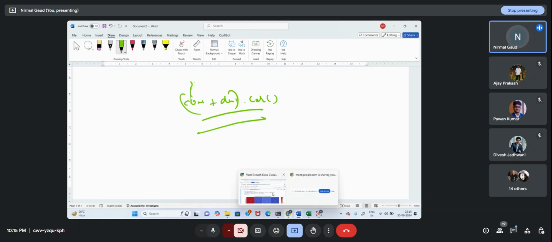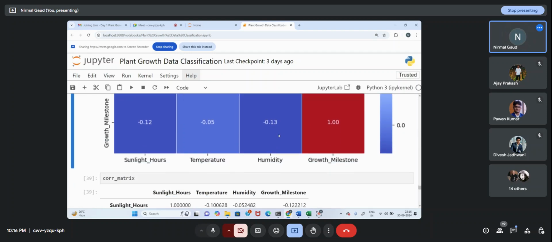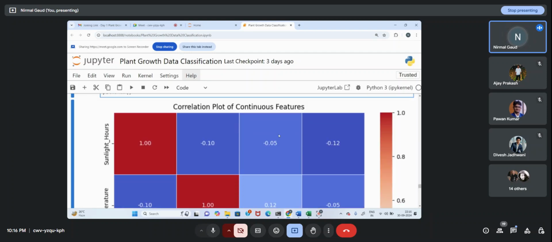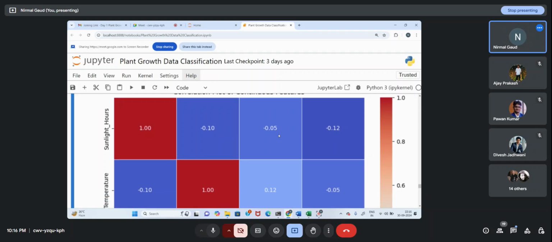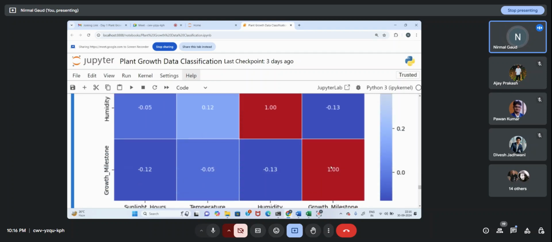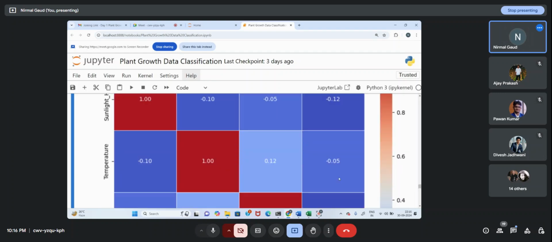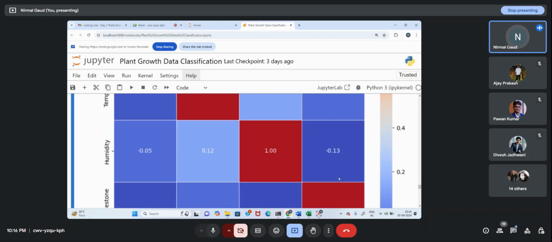I found that there is not specifically any correlation present. The features are not at all correlated, so that's good for me. That means I will take all the features in for model development. Correlation is very low, 10%, 5%, 12%, 12%. In fact, growth milestone is my target only.